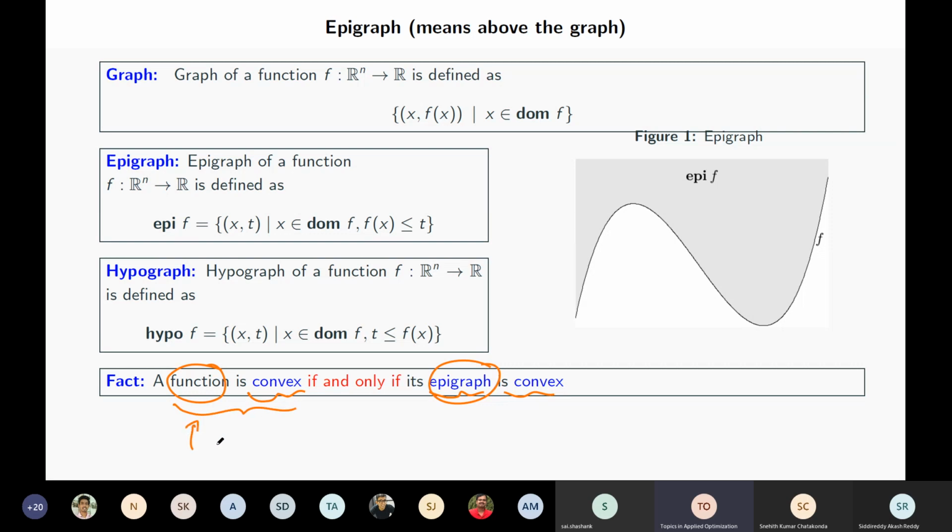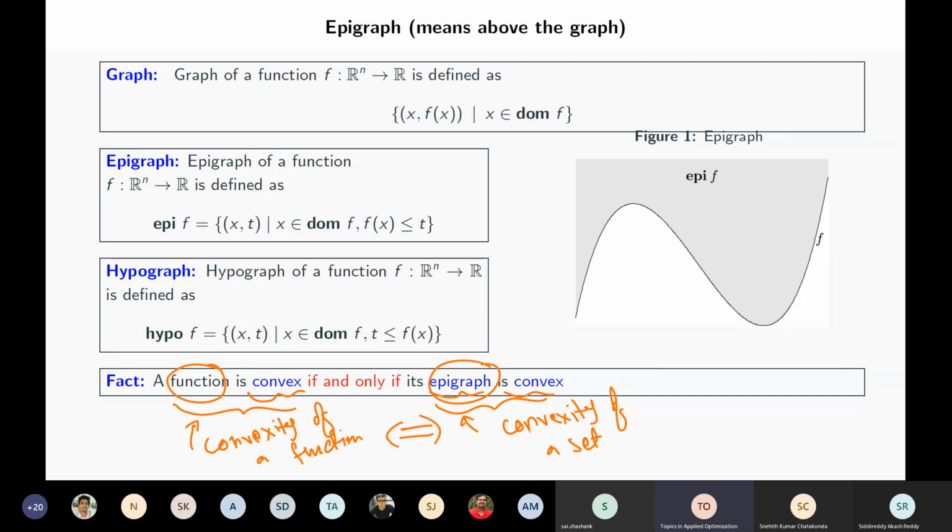So from here to here we are saying convexity of a function, and here convexity of a set. You see how convexity of a function is now equivalent to convexity of the epigraph of the function.